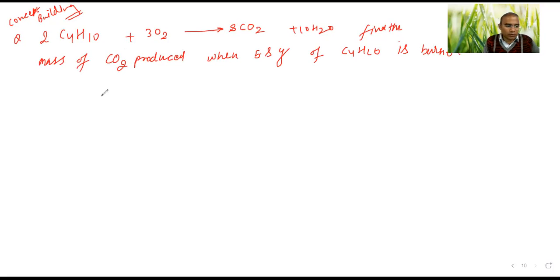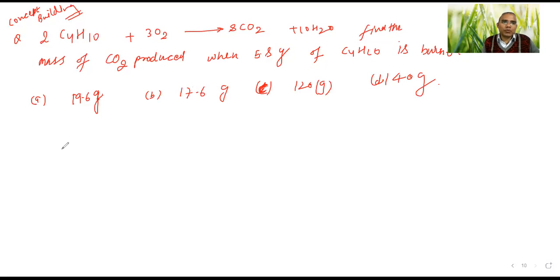Option A they are saying 19.6 liter. B they are saying 17.6 gram. C they are saying 120 gram. And D they are saying 40 gram.